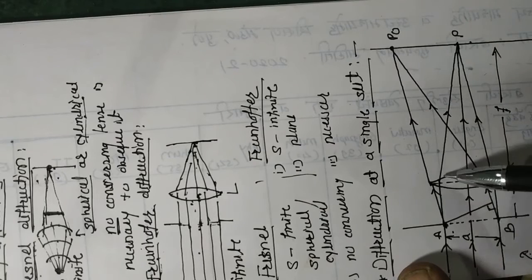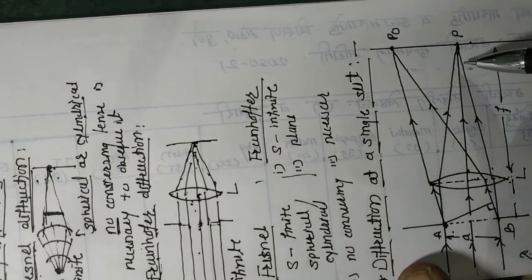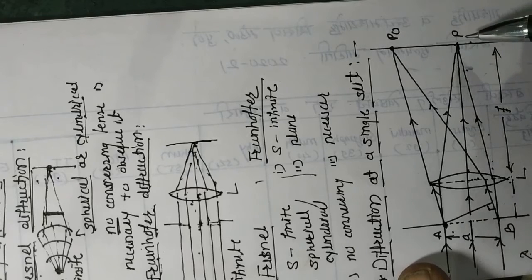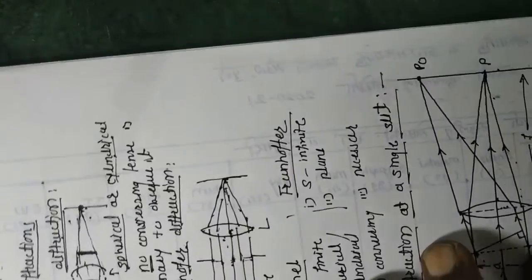Suppose that the diffracted light is focused by a convex lens L on a screen, which is kept at the focal plane of the lens.